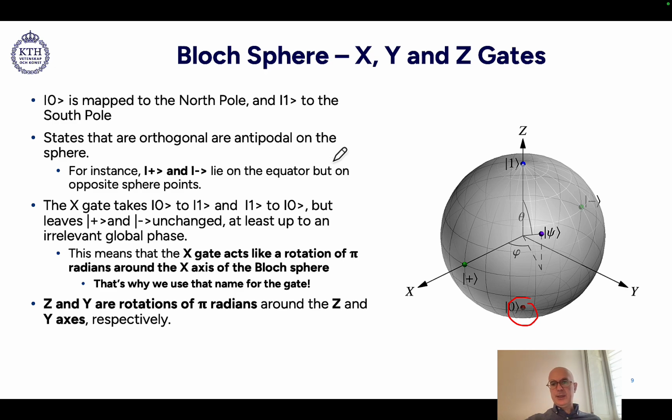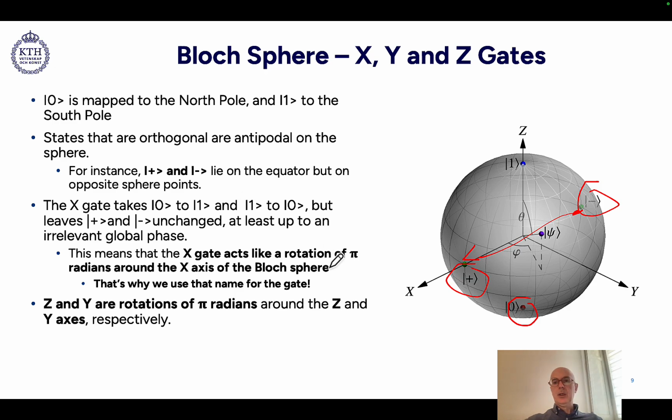We can say the same thing for the plus and the minus states. These are on the equator, but on opposite sides. So the x gate takes the 0 and transforms it to the 1 state and the state 1 to state 0.